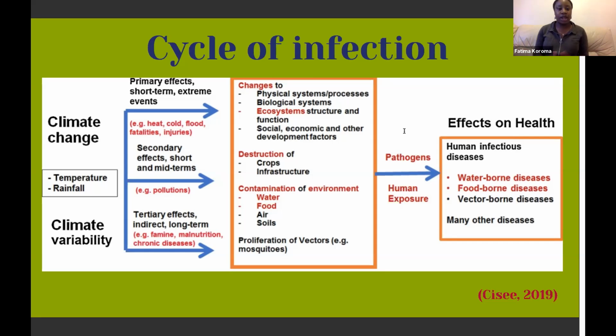In the African context, they say that climate change contributes to how the system breaks down. For example, the biological systems: the water becomes polluted, the air becomes polluted, and the soil also becomes polluted. So that is one of the things that causes a problem for how our food stays safe.